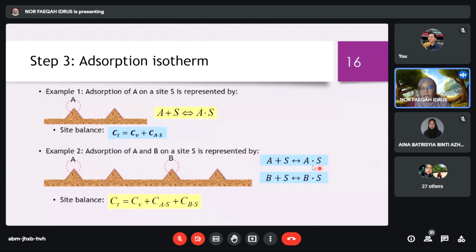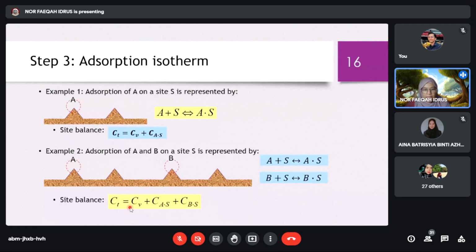The mechanism is A plus S reversible reaction to produce A dot S. Here, reactant A adsorbs on this active site, reversible reaction to produce A dot S. Similar for B plus S, because only one A and one B, it requires only one S. B plus S, reversible reaction B dot S.